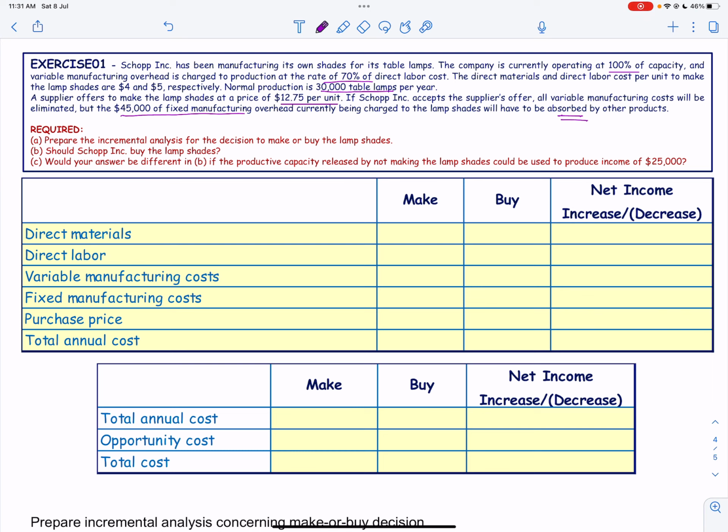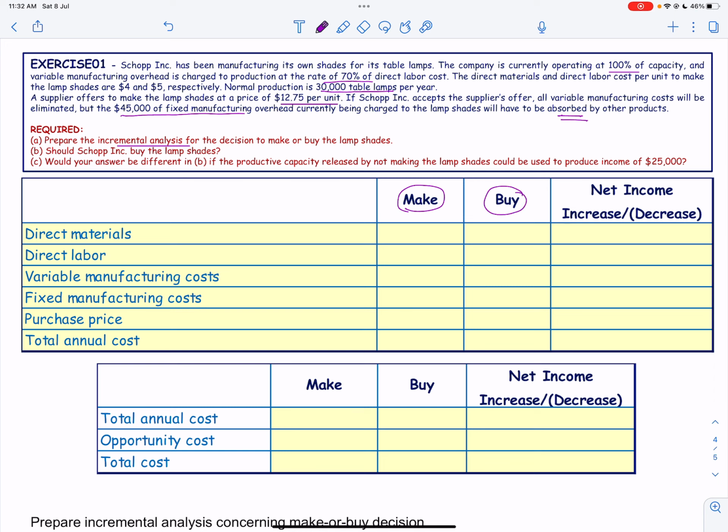We are required to prepare the incremental analysis for the decision to make or buy the lampshades. So for this we are going to look into the cost involved and how it is going to impact our make decision and the buy decision.